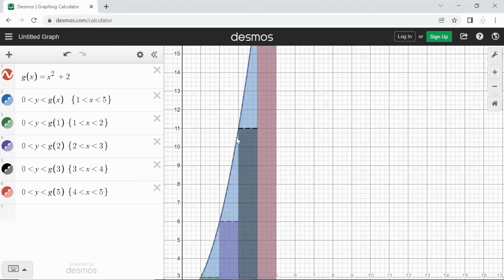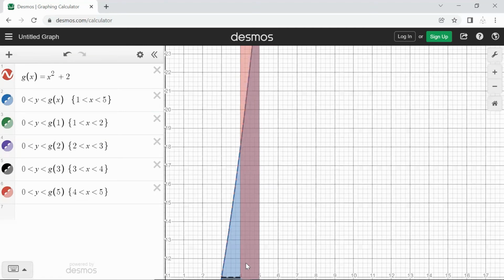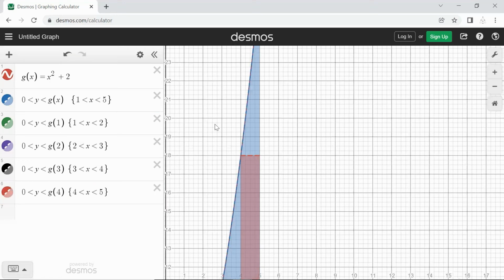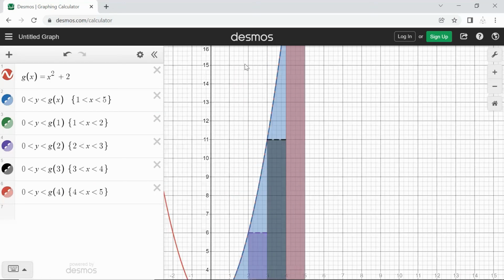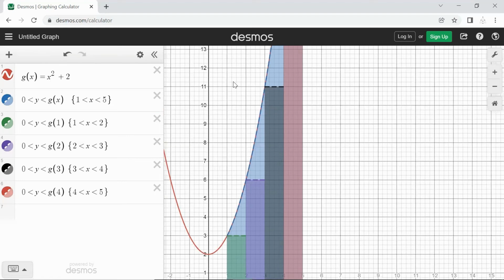Similarly, the black rectangle is determined by the height of the function at 3. And the red rectangle would be determined by the height of the function at 4. Notice that each one of these rectangles is an underestimate of the actual signed area.